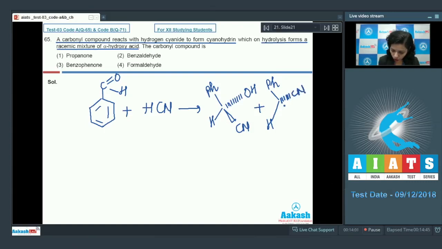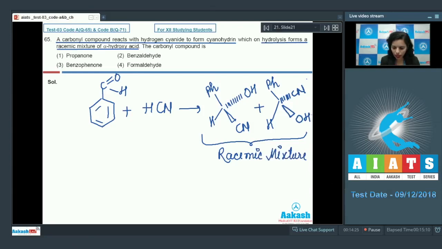Another isomer that would be formed here. This one. And this is the racemic mixture of these two cyanohydrins.